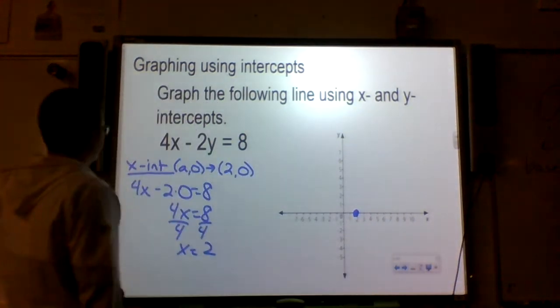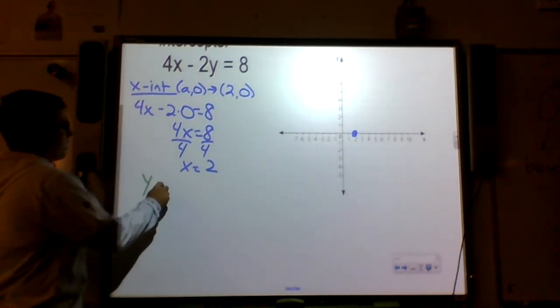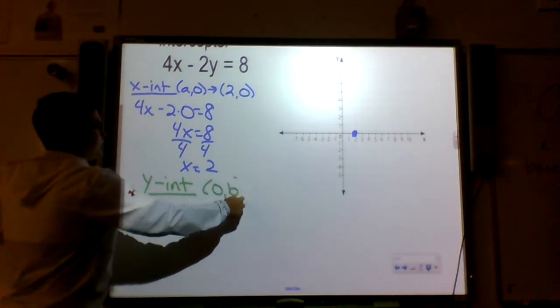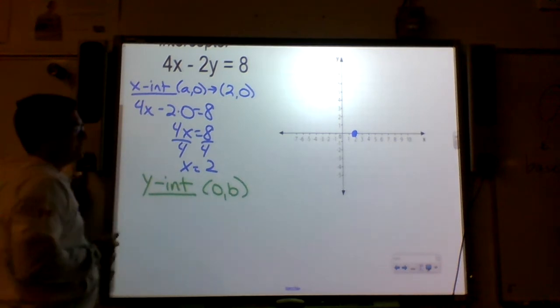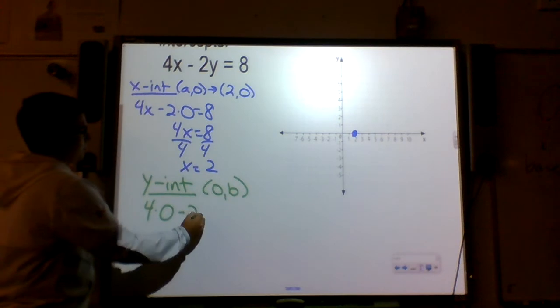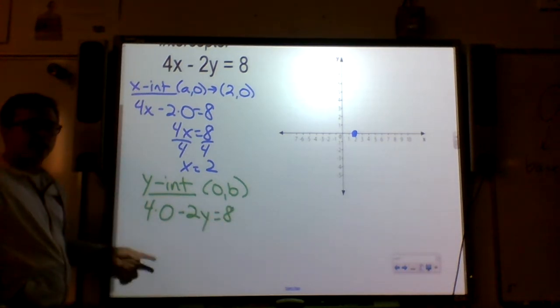All right, same thing. I'm going to find my y-intercept. So my y-intercept is going to be (0, b). So I've got to plug in 0 for x. 4 times 0 minus 2y equals 8. Make sure you're careful.